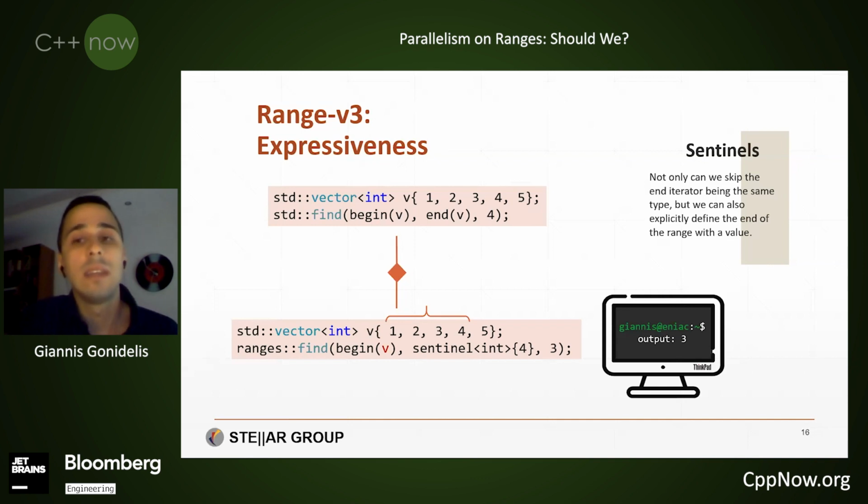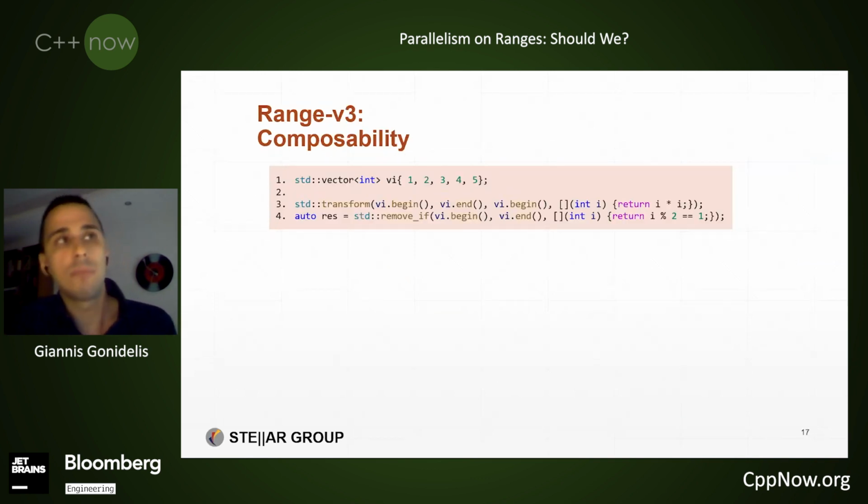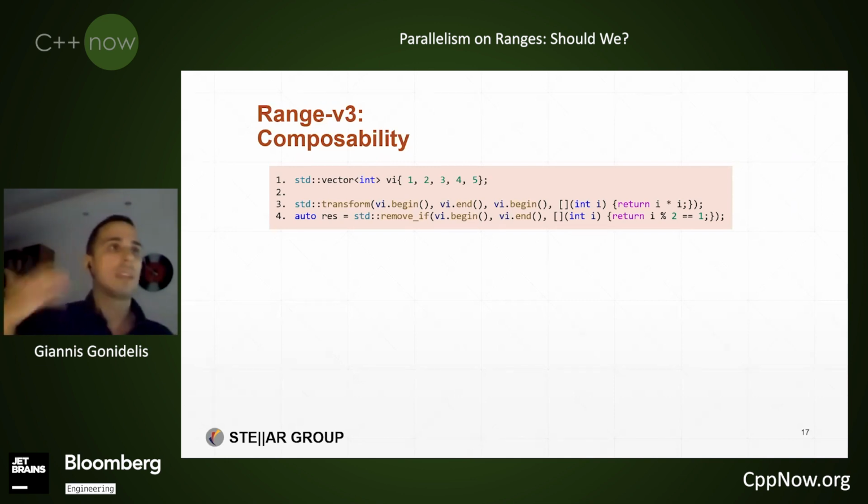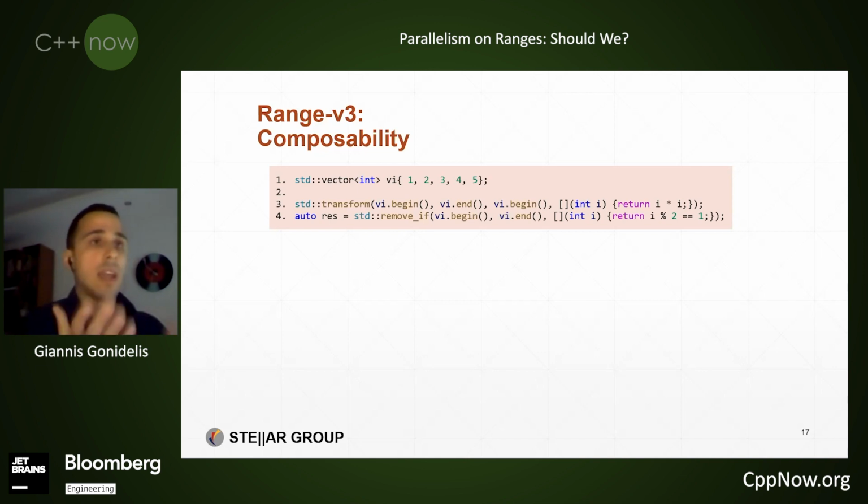Let's go to the composability side, which is far more relevant for this talk. So say I have a simple vector, 1, 2, 3, 4, 5, and I want to raise the elements to the power of 2 and remove the odd ones and keep only the even elements. What I would most probably do before ranges got introduced is use a couple of standard algorithms, a bunch of iterators, and one or two copies.